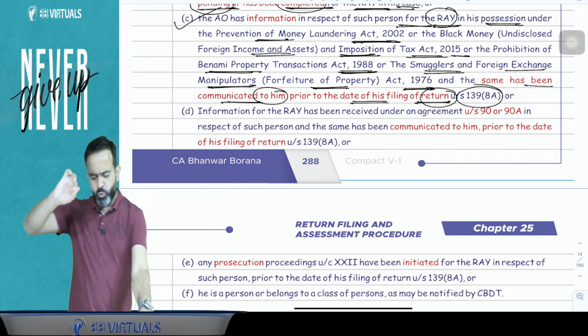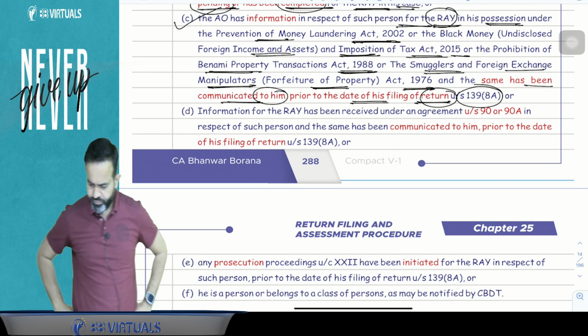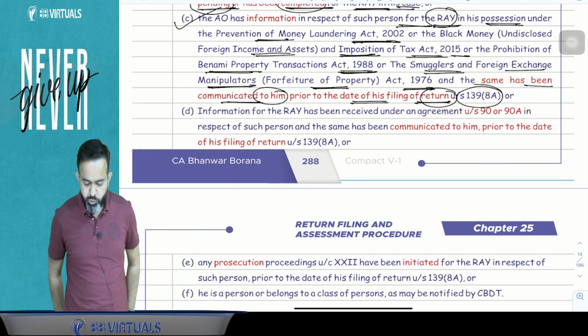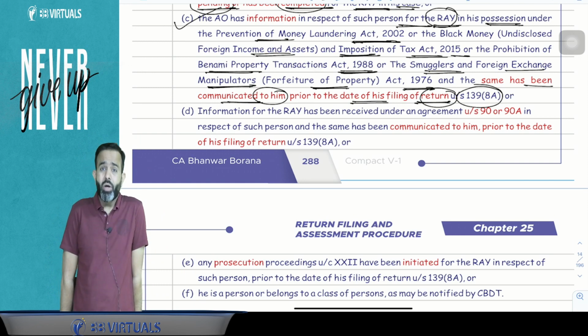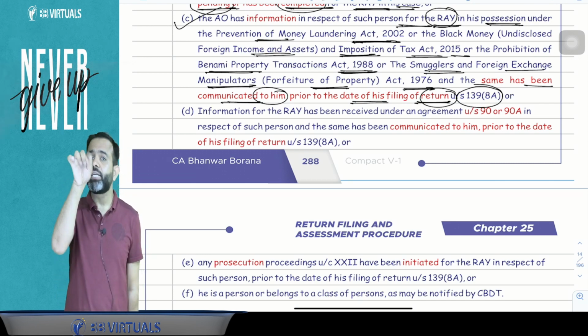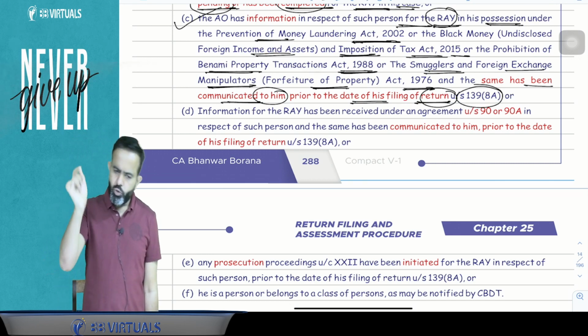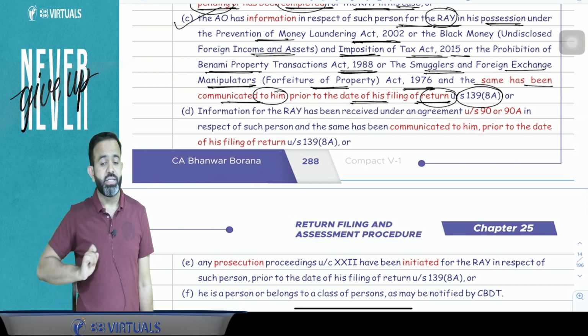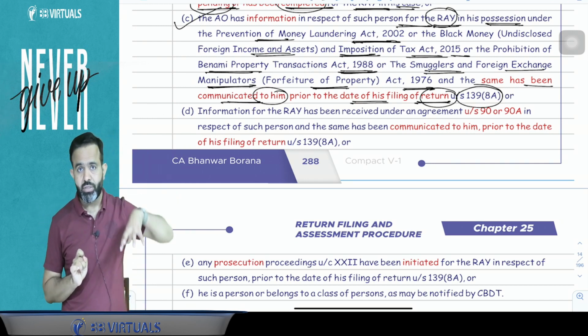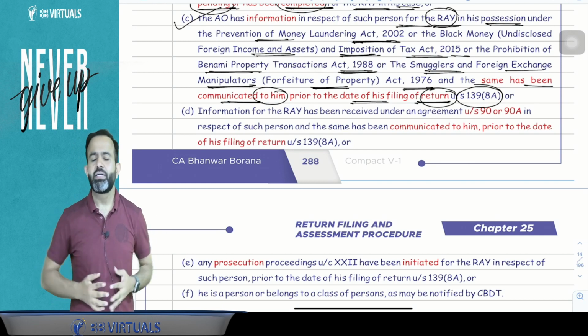Means regarding you, suppose the AO is having some information, and the AO got this information under the Prevention of Money Laundering Act 2002, or the Black Money Act 2015, or the Benami Property Act 1988, or the Smugglers and Foreign Exchange Manipulators Act 1976, and suppose they already communicated that information to you, that they have information related to you under this Act, then you cannot file the updated return.